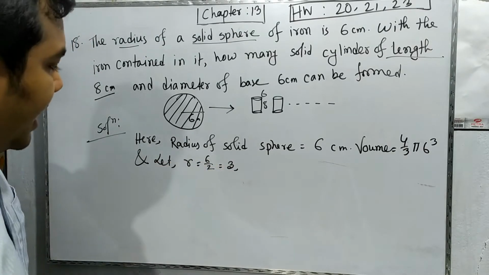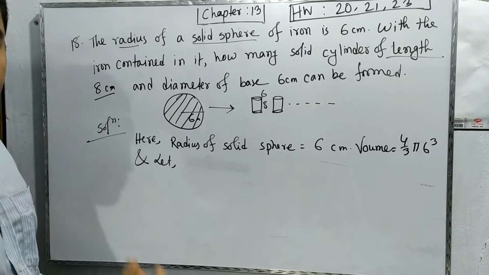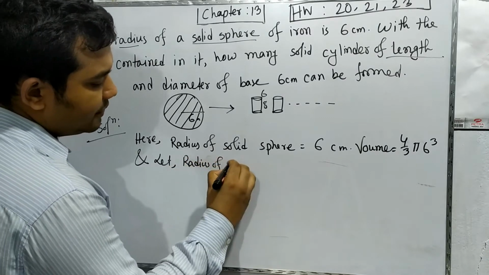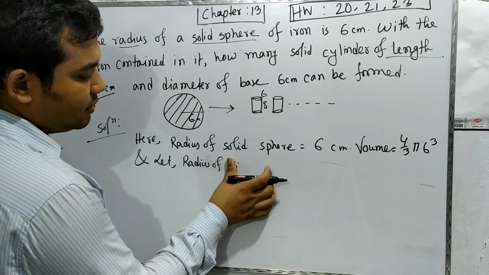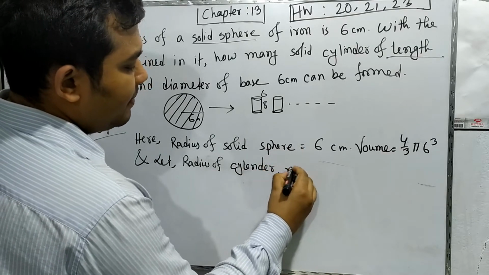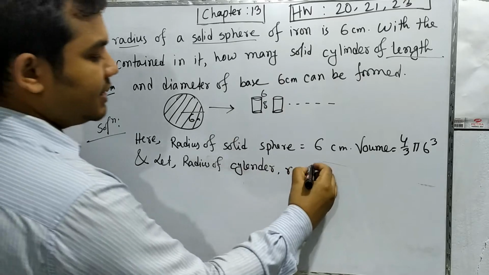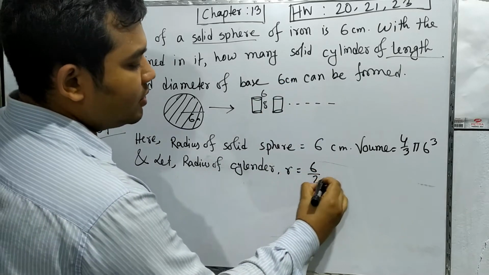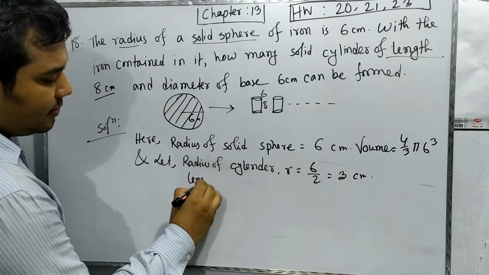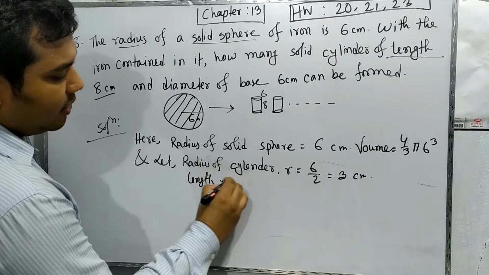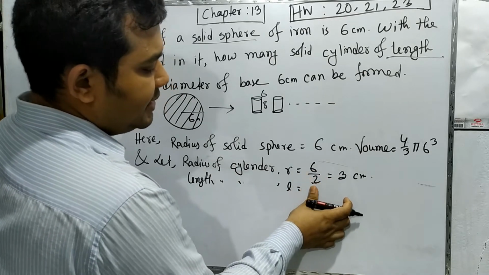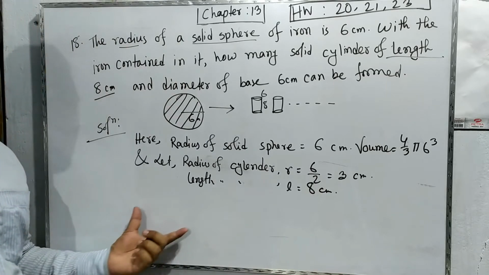We have to give the introduction: the radius of the cylinder, r, is given as 6. Actually this is not the radius, this is the diameter, so we have to find the radius. This is 3 centimeter, and also given the length of the cylinder, L equals 8 centimeter.